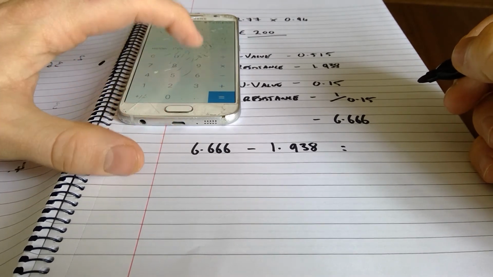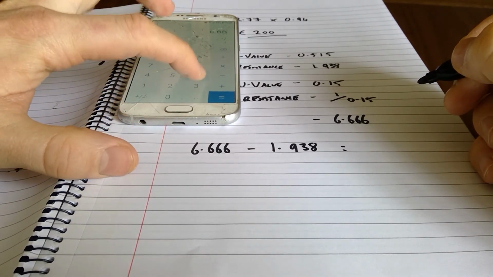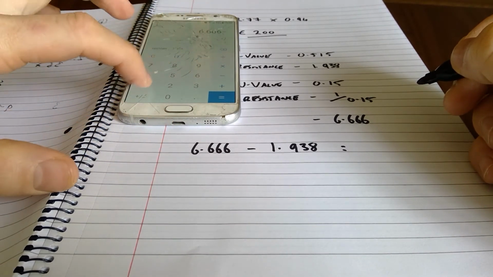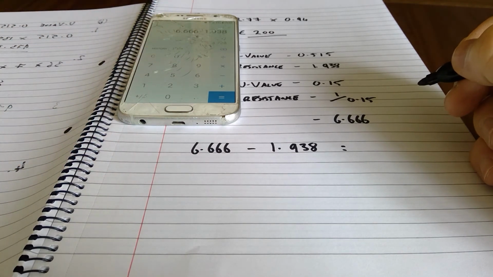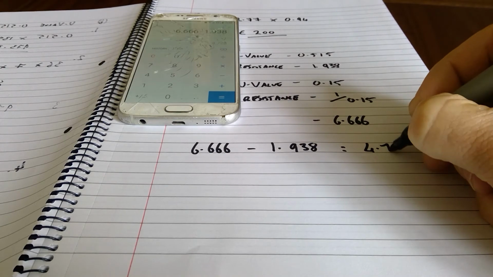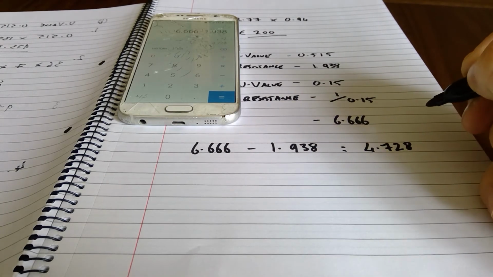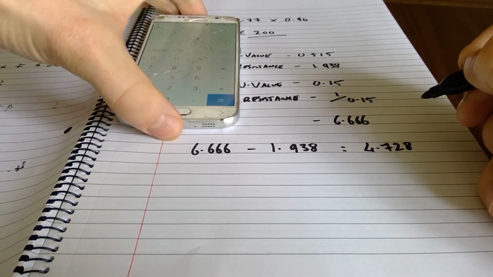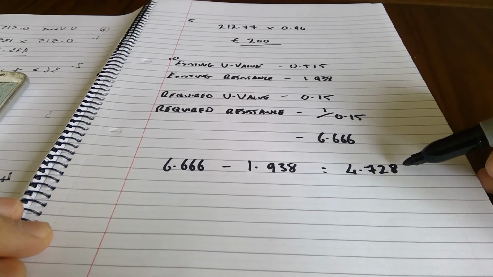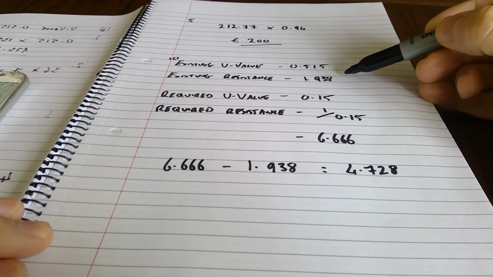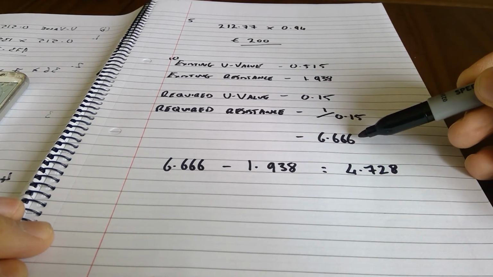Okay, so 6.666 minus 1.938. That gives us 4.728. So the extra layer of insulation that we're adding to this wall must have a resistance of 4.728, which will add on to the existing resistance, which will give us this full resistance here.